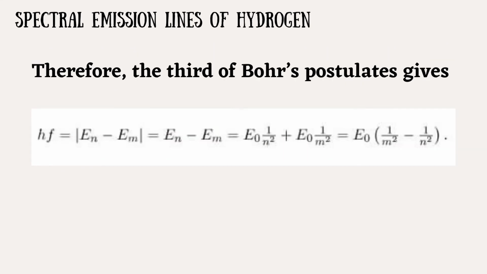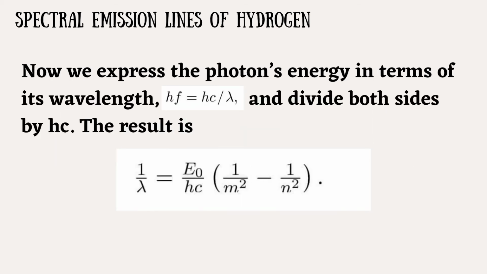Therefore, the third of Bohr's postulates gives hf equals E_n minus E_m, which equals E_0 times 1 over m squared minus E_0 times 1 over n squared, which is E_0 times (1 over m squared minus 1 over n squared).